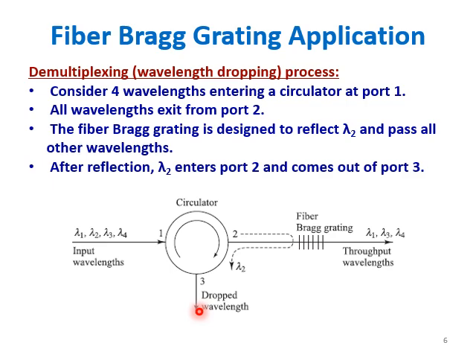So we drop one wavelength whenever we pass light containing different wavelengths, which is why this is a wavelength dropping process. With the help of fiber Bragg grating and optical circulators, we have done demultiplexing here.